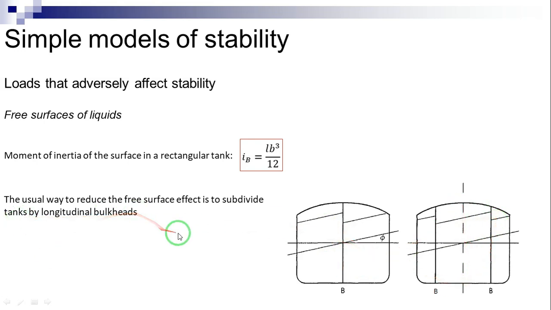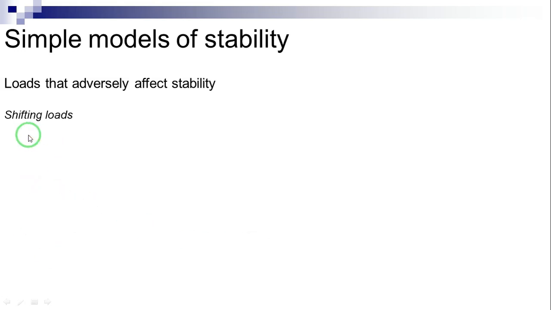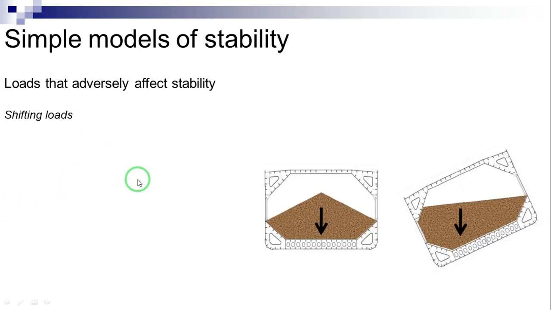Shifting loads. Shifting loads, also called sliding loads, such as grain, coal, and sand, are a very dangerous type of moving loads. Unlike liquid loads, these materials do not move continuously during the ship roll. Shifting loads stay in place until a certain roll angle is reached, and then they slide suddenly.